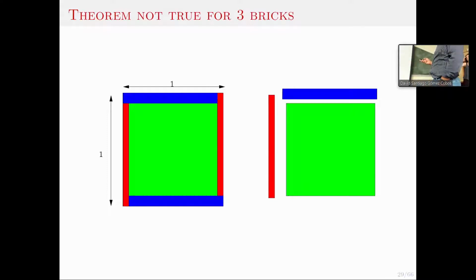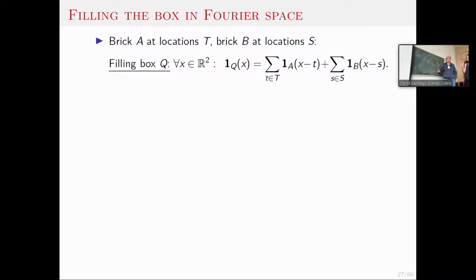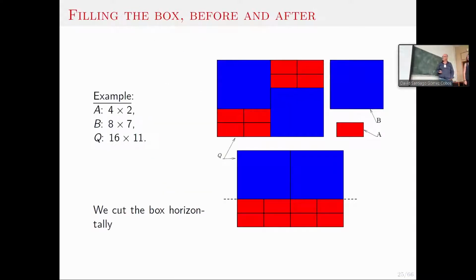About this theorem with the boxes, is it true for other shapes? Do I know something about other shapes? People do not make boxes of other shapes. They're always rectangular. No, I mean, not to mention bricks. The triangles, for instance. Okay, I haven't really thought about it. I think for triangles, you have to struggle to make a meaning out of this.